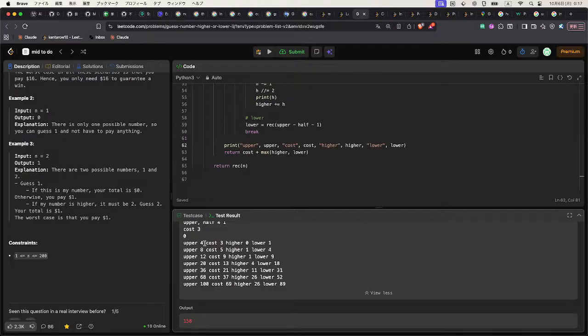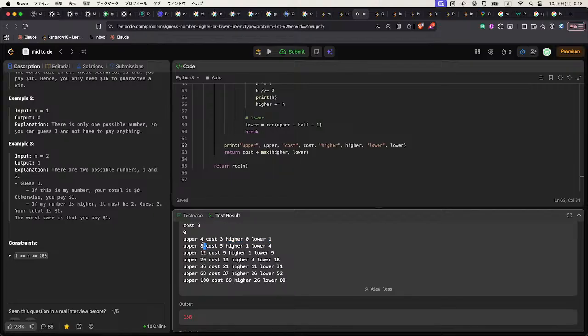One, two, three, four. The cost is 4. 1, 2, 3, 4. This is correct. 4, 8. 5 plus 4.